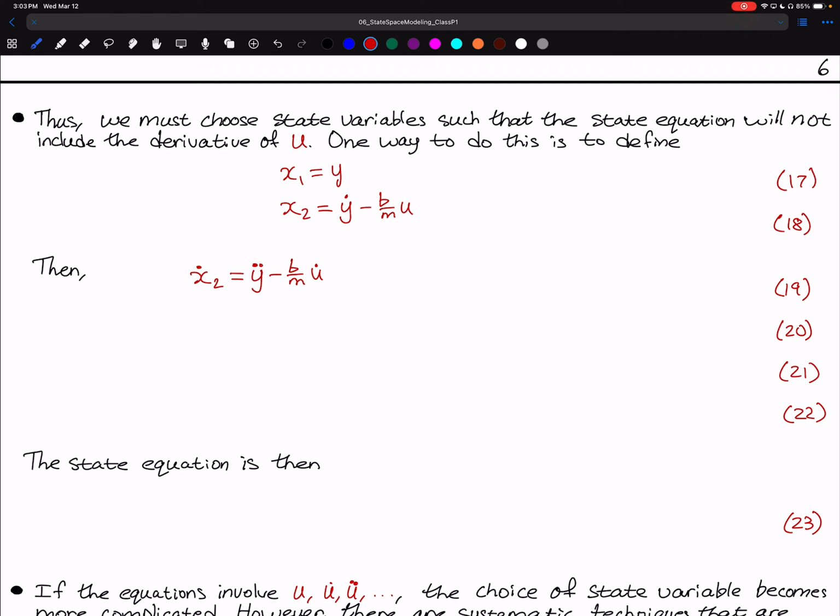Then we can substitute in for y double dot. We get x2 dot is equal to minus k over m y minus b over m y dot plus b over m u dot minus b over m u dot, such that we end up eliminating the u dot term.